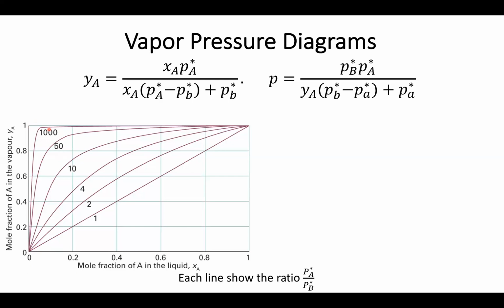And so hopefully this makes a lot of sense of how the relationships between volatility are going to help control the composition of the vapor.